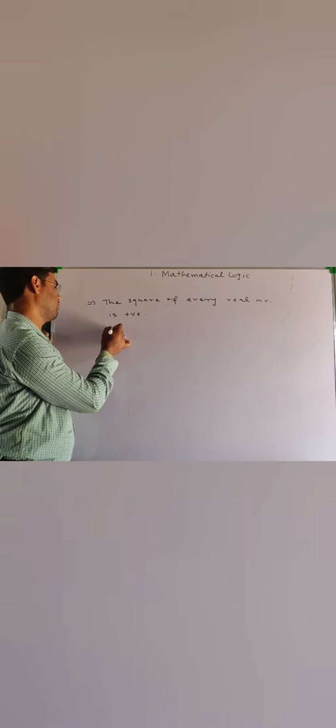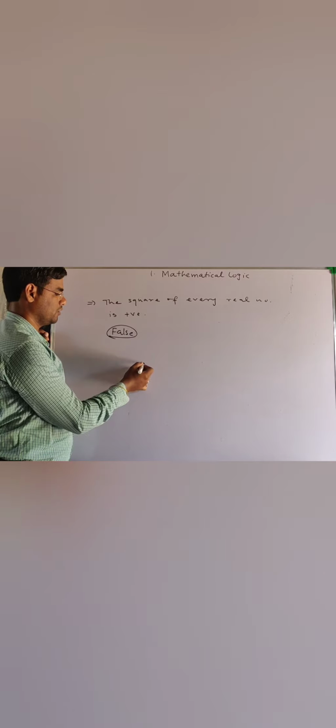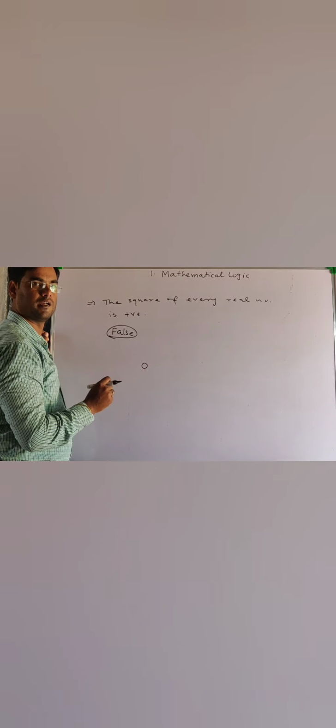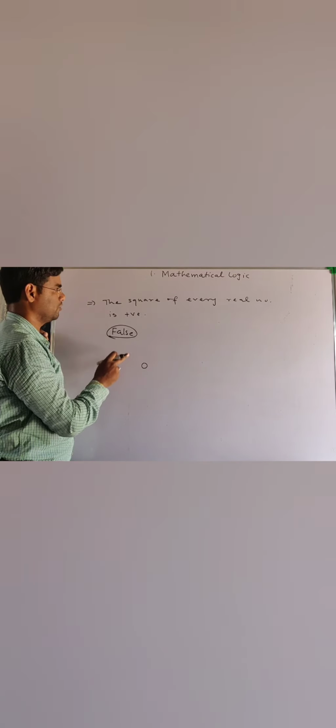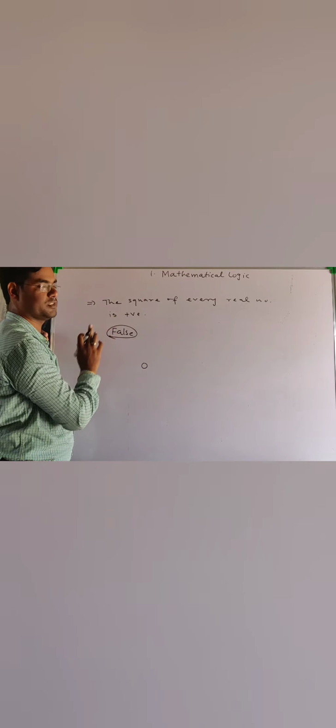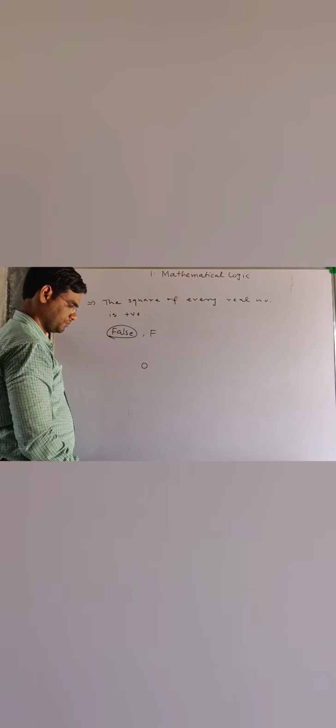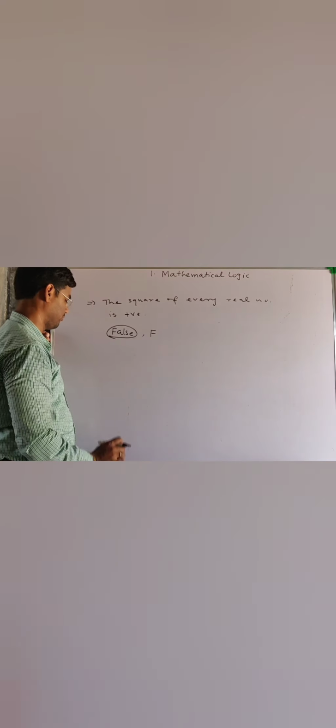But this statement is false. Why? Because of 0. 0 is also a real number which is neither negative nor positive. So this sentence is a statement which is false, and its truth value is F.